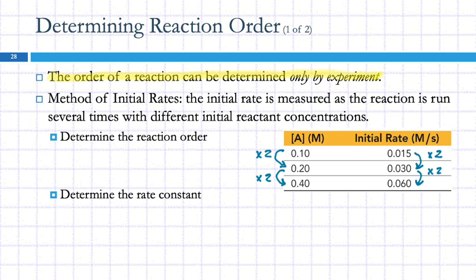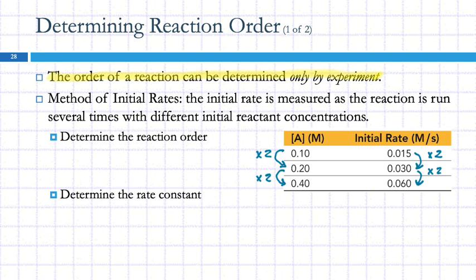What's the reaction order? 1. It's tempting to say 2, and I find myself doing that too because we're talking about doubling. There's 2. And so, reaction order 2? No. It's the same thing happening on both. That's reaction order 1.